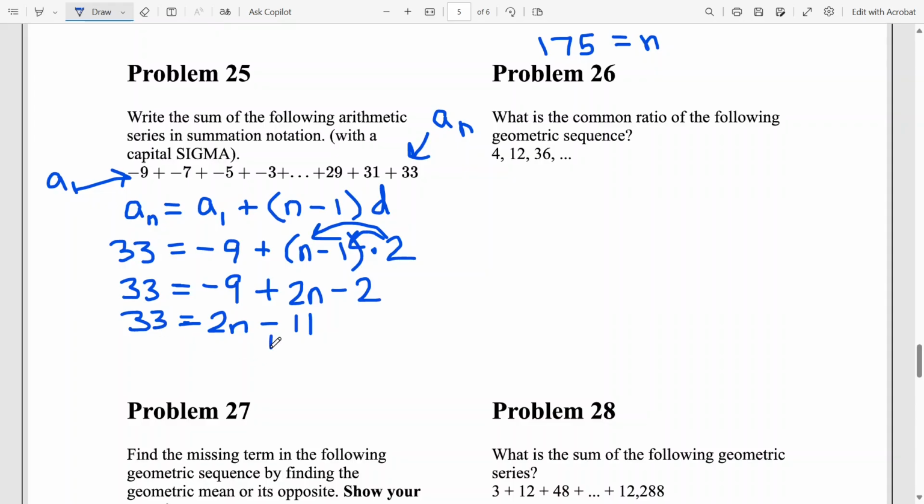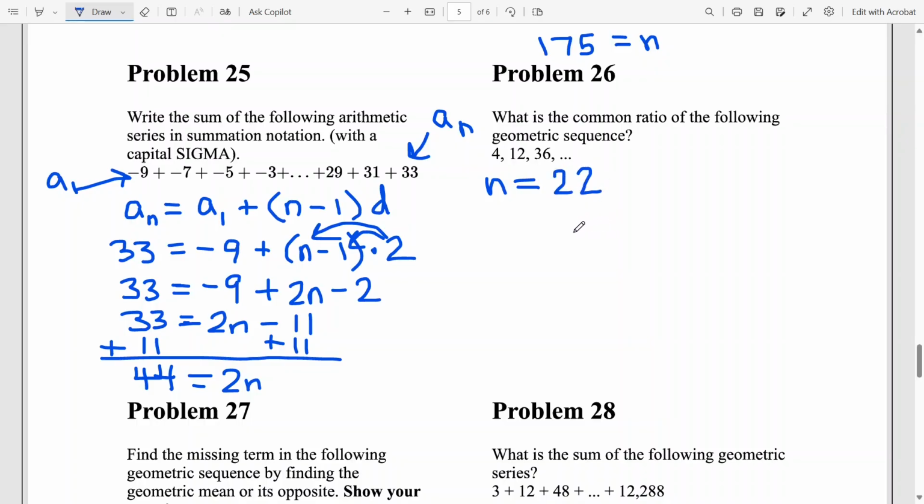If we add 11 to both sides, so we get 44 equals 2n. So if we divide both sides by 2, we get n equals 22.